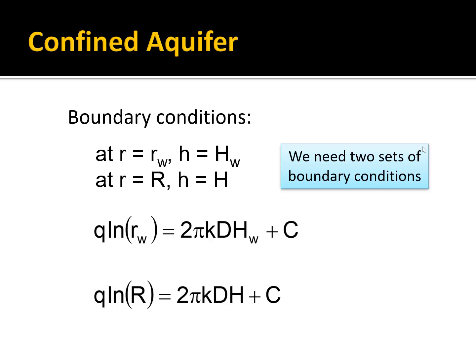So if we plug both of those into that equation, we end up with two equations. This one is r_w and h_w, and this one is capital R, the radius of influence, and H, the initial head.